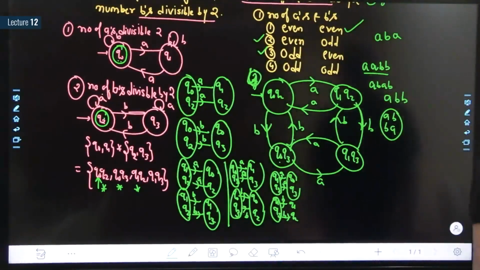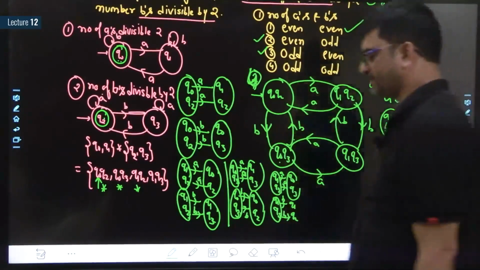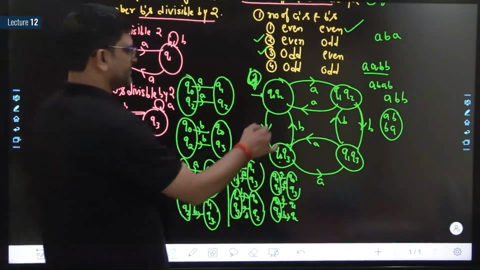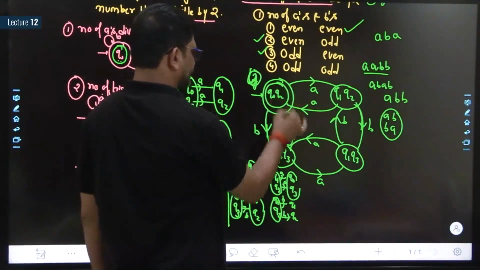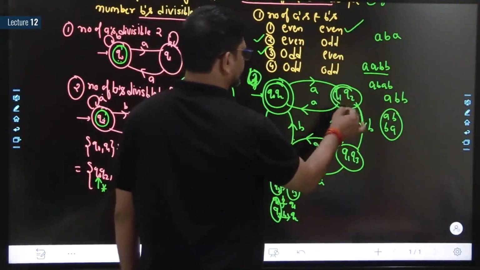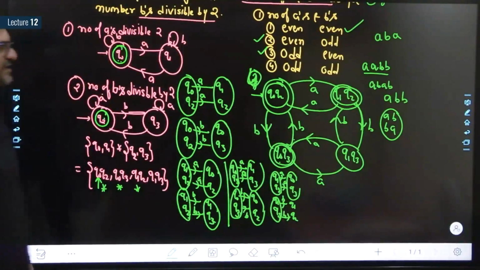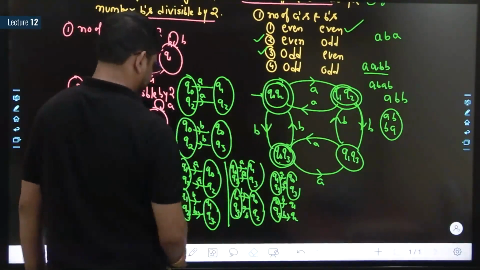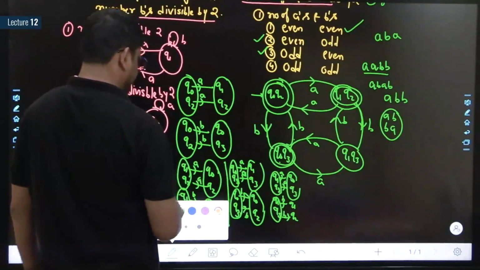Either number of A's are even or number of B's are even. These 3 states are final: Q0, Q2, Q0, Q3, Q1, Q2. These 3 states are final for the first question.